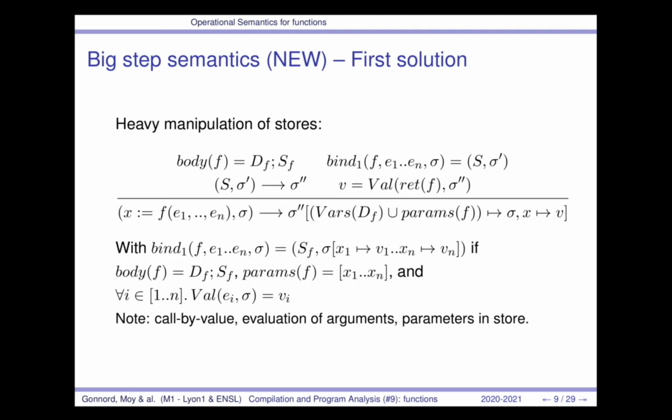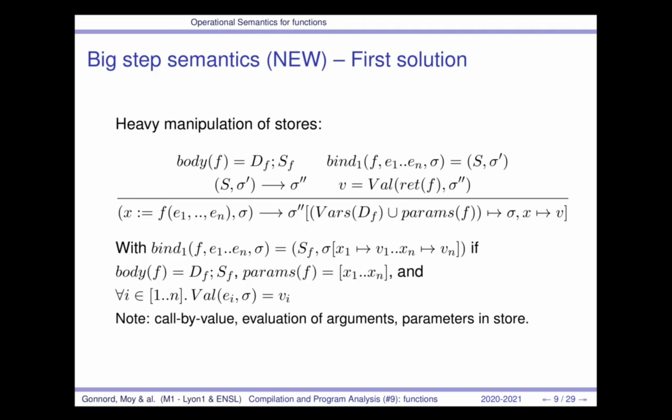It will be defined below, but basically this bind primitive is a function that takes whatever is needed and produces the setting in which the function should be executed. So now that you have the statement and the store, you can evaluate the statement by the big step semantics, and you obtain a store sigma second.